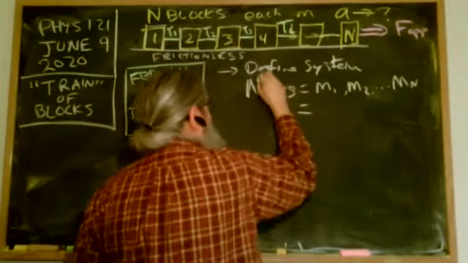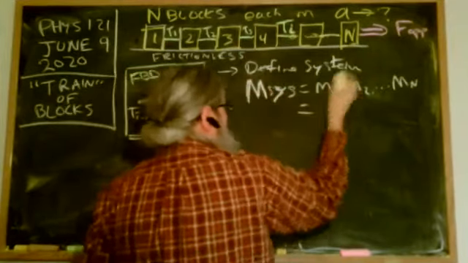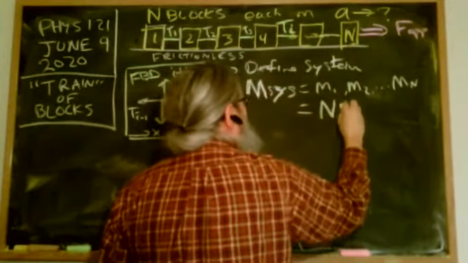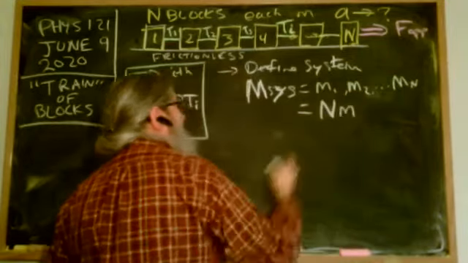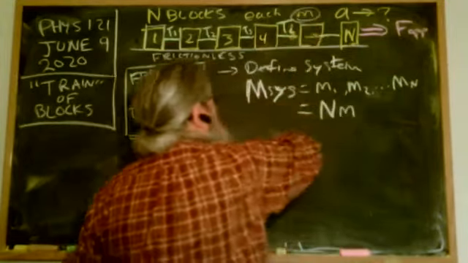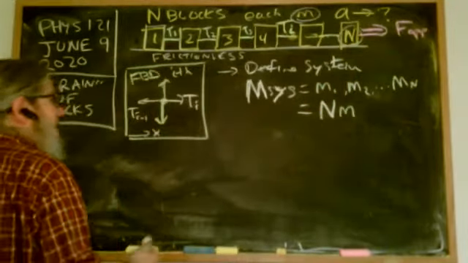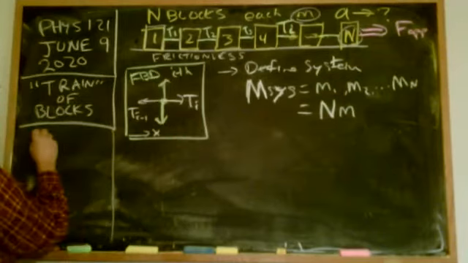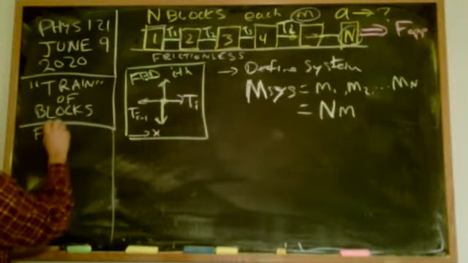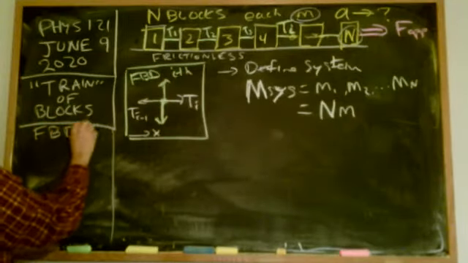So the mass of this system is just equal to the number of blocks, N, times the mass itself, right? That's given. Each mass is given and N is given. So I know the mass of the system. And then I can do the free body diagram of that system. So here's the free body diagram of the system as a whole.